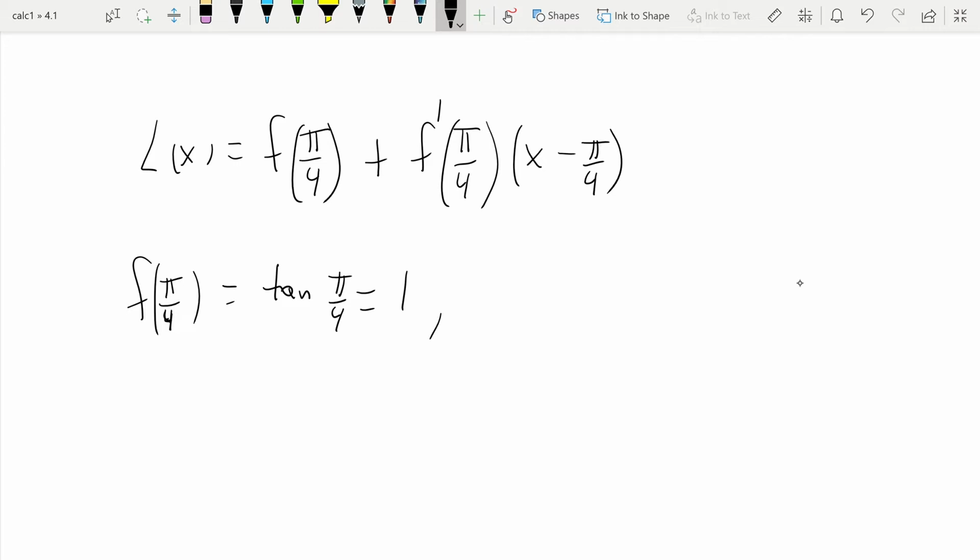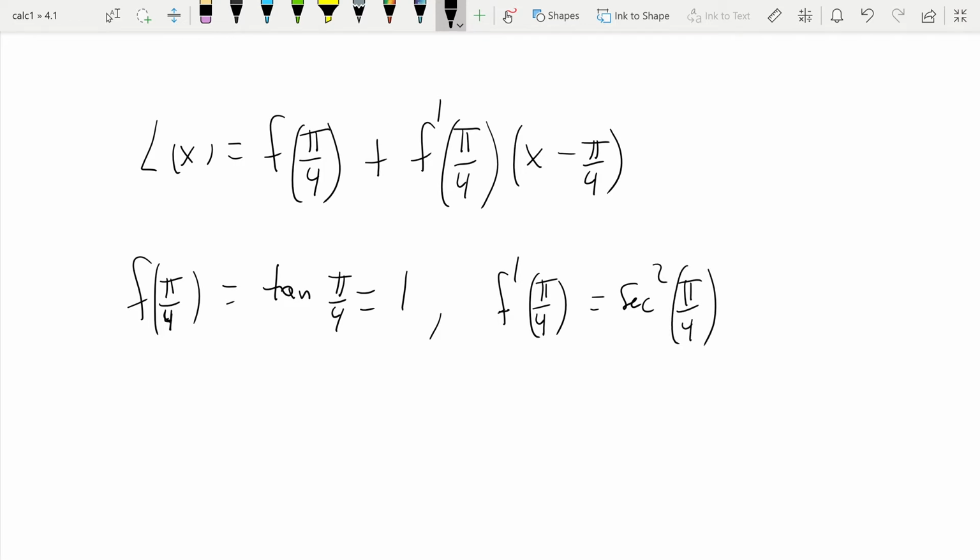And now f prime at pi over 4. Well, we need to remember that the derivative of tangent is secant squared. So we need to compute secant squared of pi over 4.